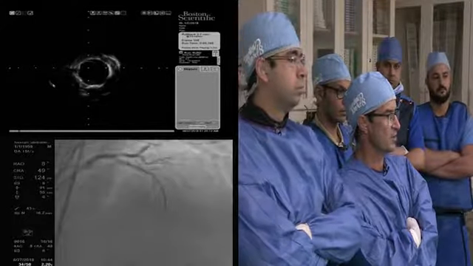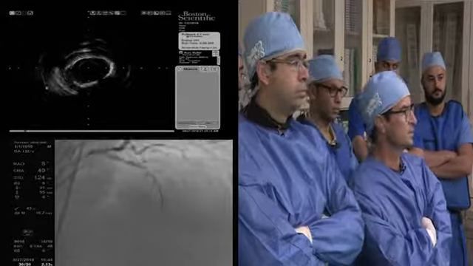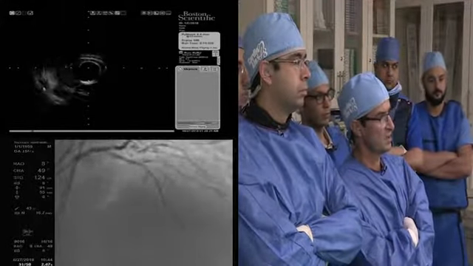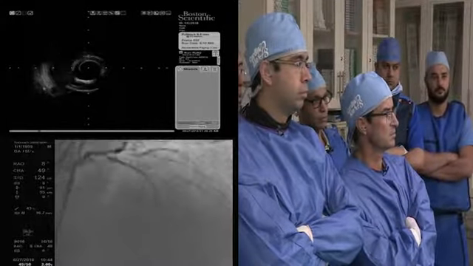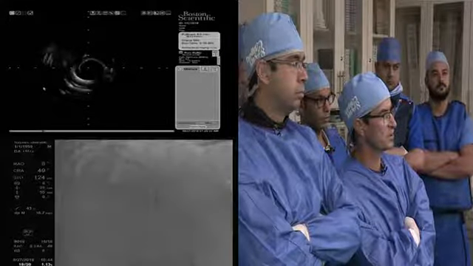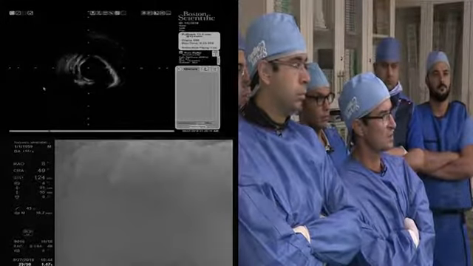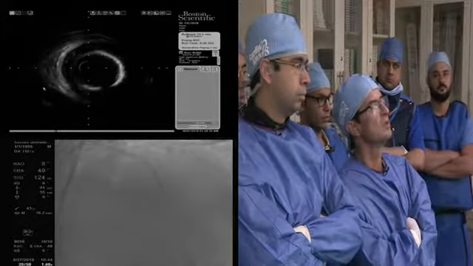You can see the IVUS on the top, and the size is 2.5 at the minimum. The question is whether we should balloon it or not. What does the panel say regarding the ballooning?